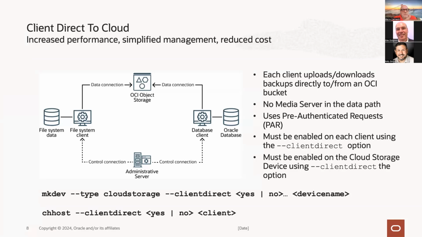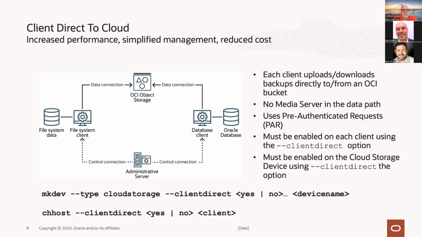And when you create a new cloud storage device in OCI, in OSB, the actual OSB device, you just add the --client direct yes option, and that will enable direct access from the client to that specific device.